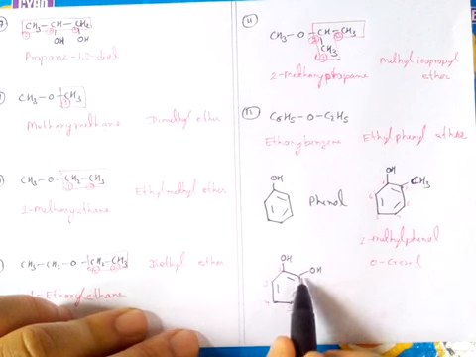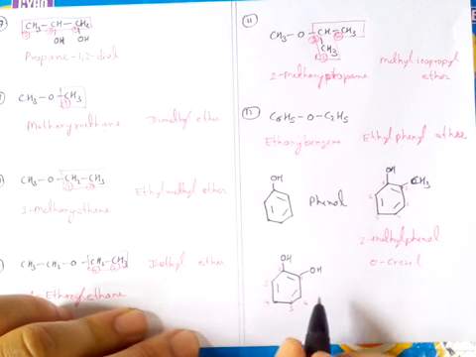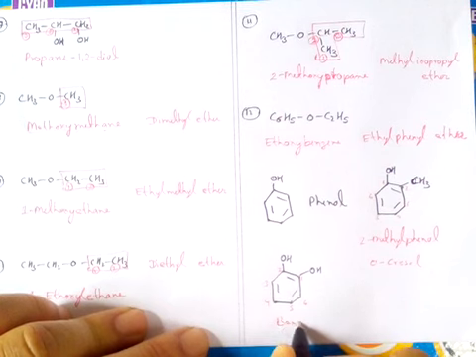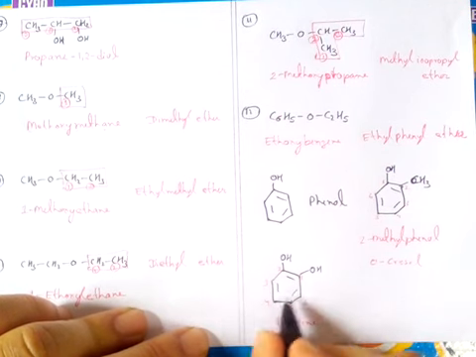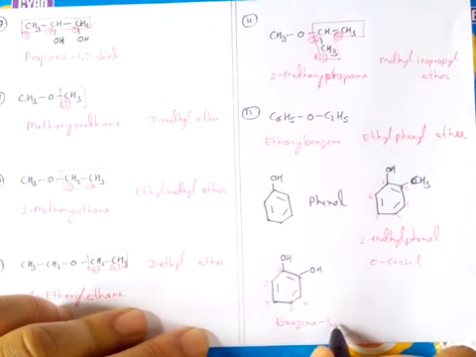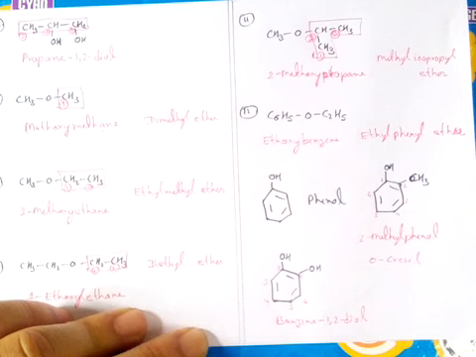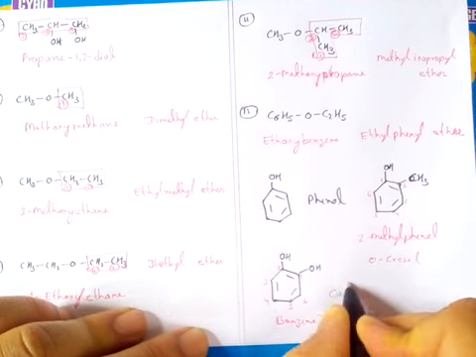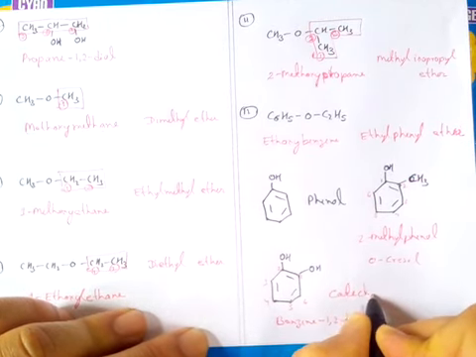In this case, benzene is your parent chain, then at positions 1 and 2 there is alcohol, so diol will be its IUPAC name: benzene-1,2-diol. Okay, and its common name is catechol.